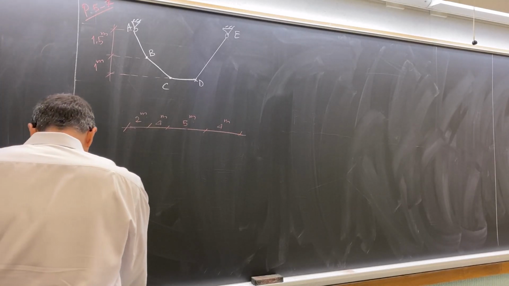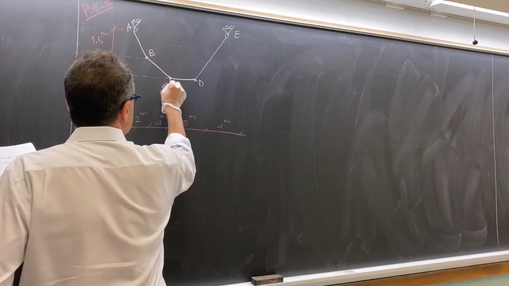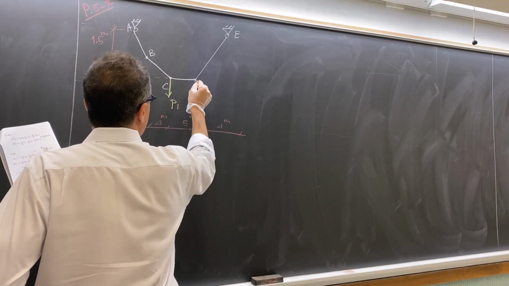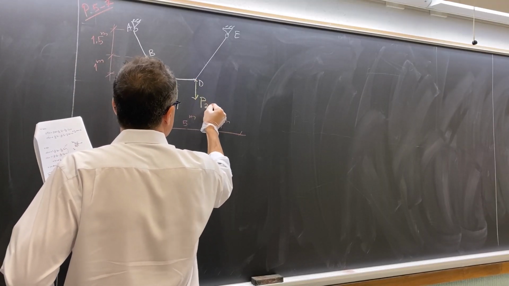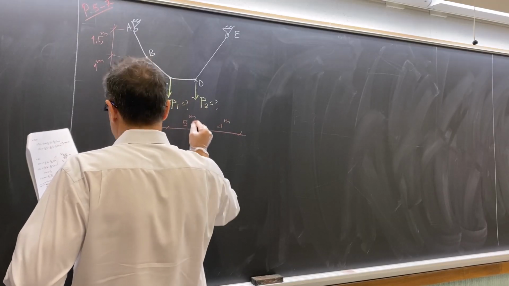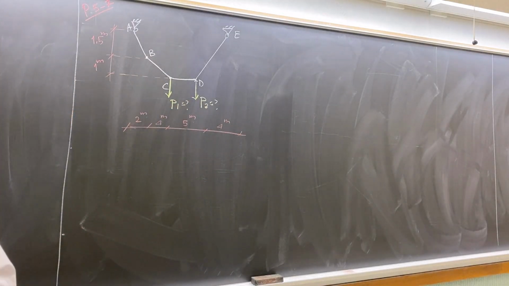There are 2 loads externally applied on joint C. There are P1 and P2 and they are unknown. The question is saying to determine the magnitude of P1 and P2 so that the cable under this load stands in this shape.